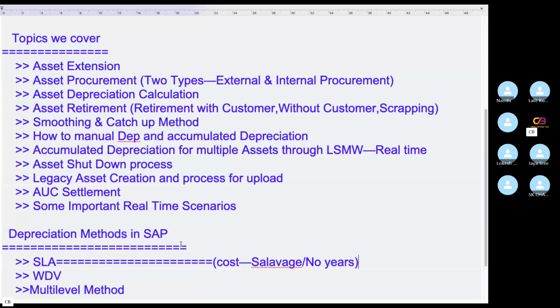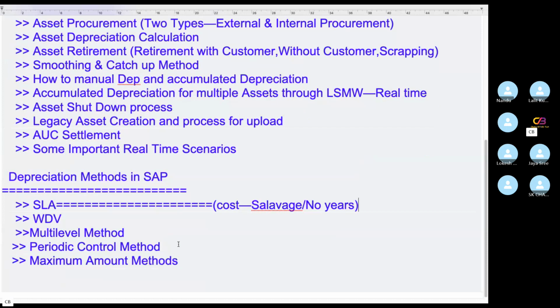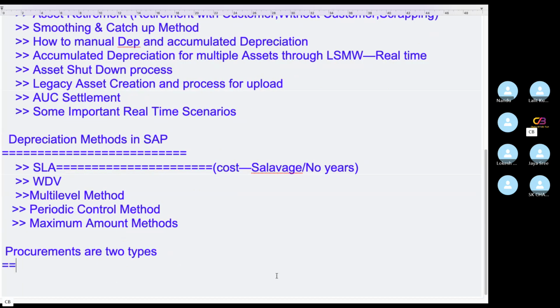Once you procure the assets, procurement has two types.